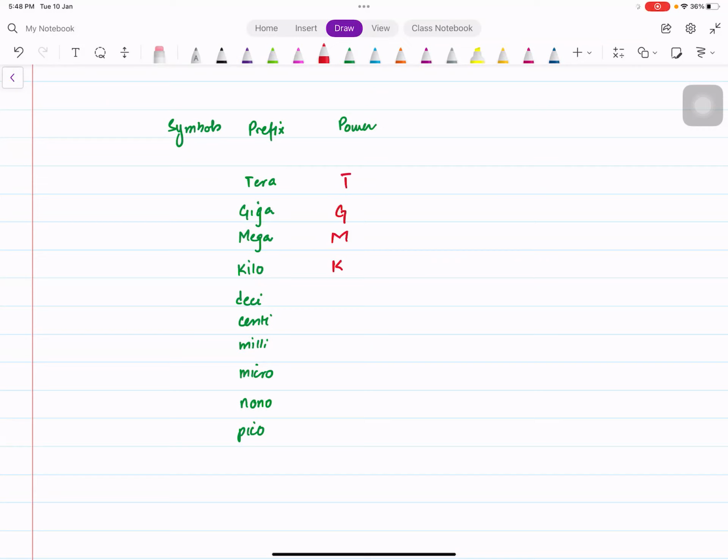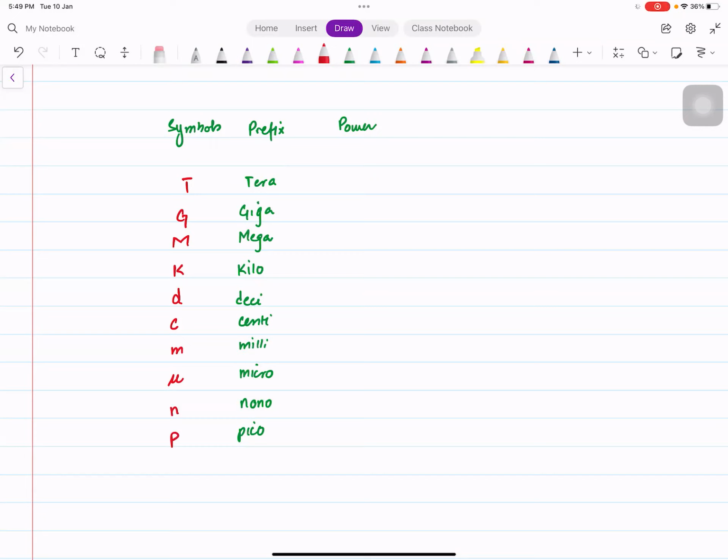Okay, deci, small d. Centi is c. Milli is small m. Micro is mu, like this, the Greek one. n is for nano, p is for pico.